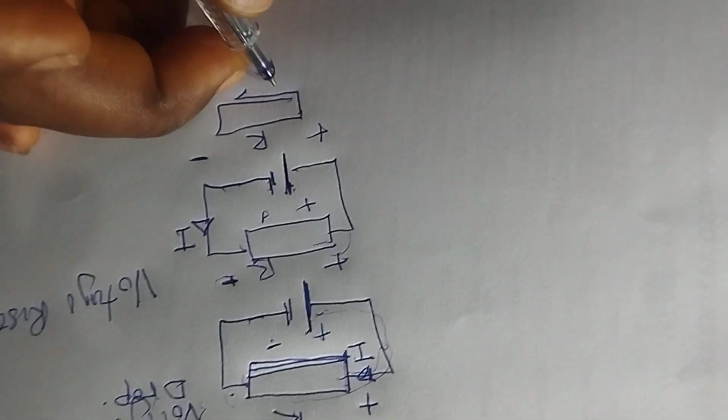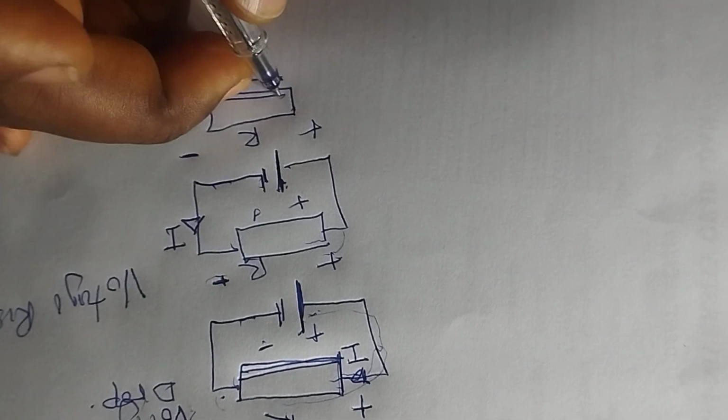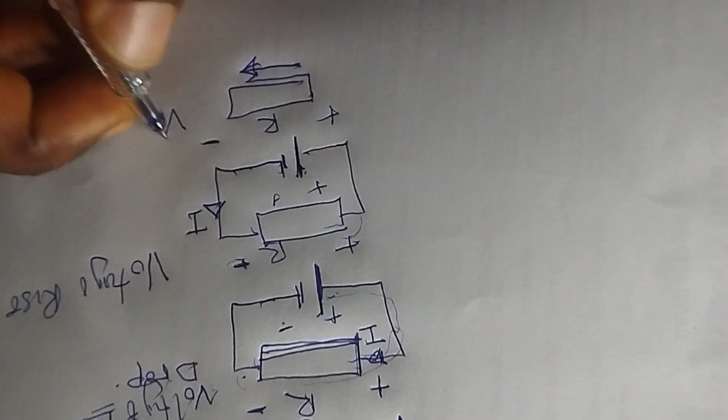So in summary, if I have a resistor R, and I have plus, I have minus, and the current is flowing from the positive side of the resistor to the negative side, that is voltage drop.